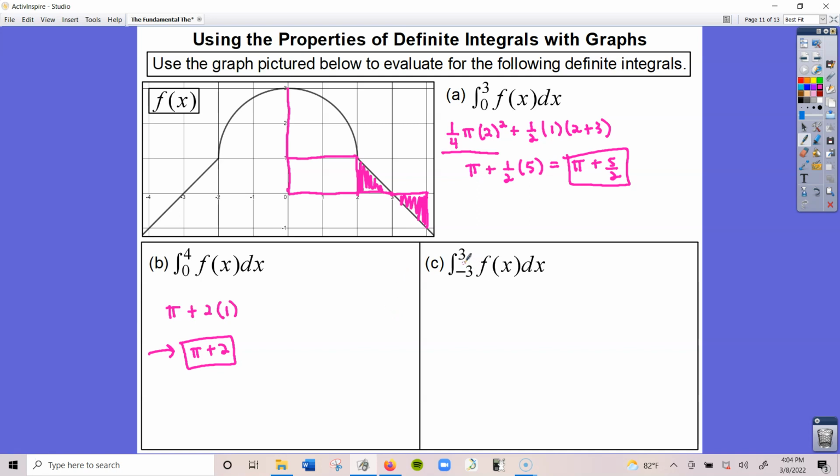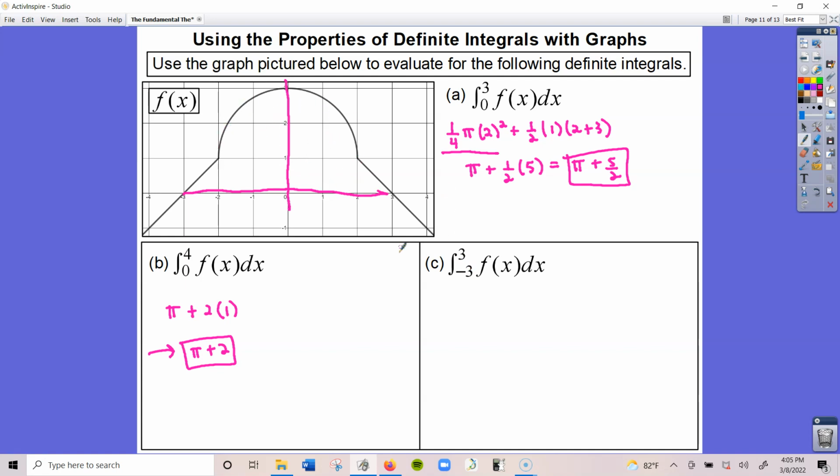Now for this last one, we have the integral from -3 to 3 of f of x dx. Now notice that if I erase this a second, if we're going from -3 to 3, first of all, you should notice that this is an even function because it is symmetric along the y-axis. This side is the same as this side.